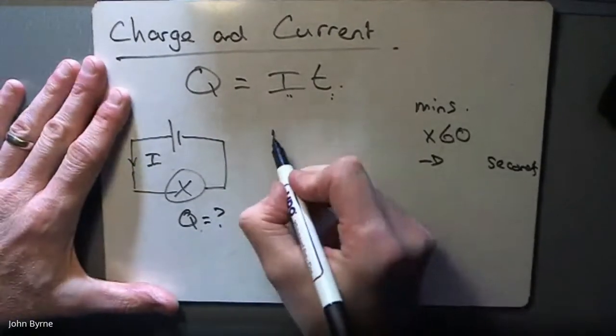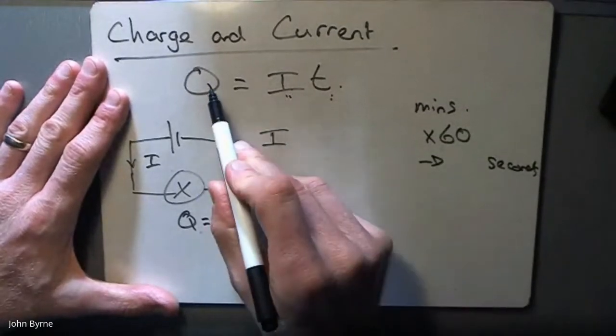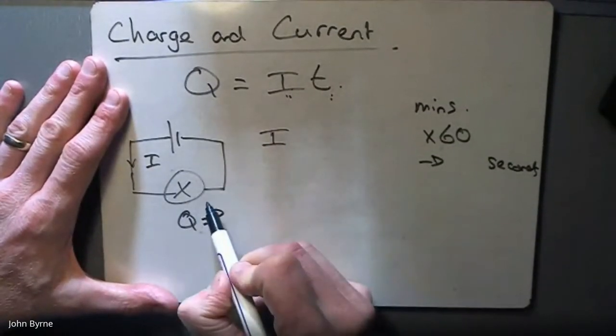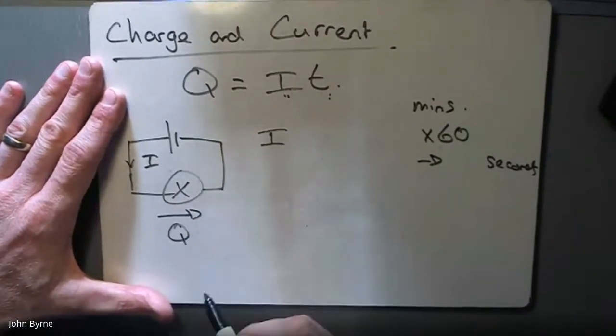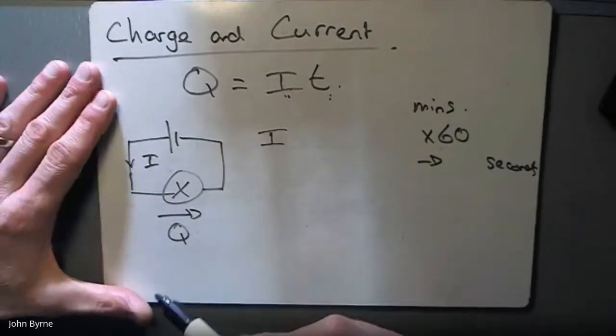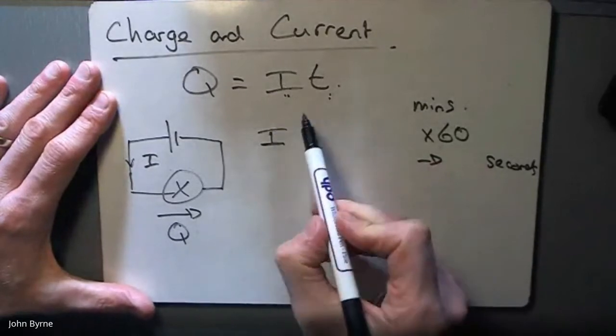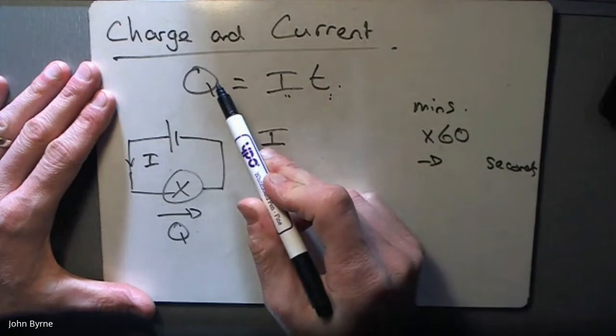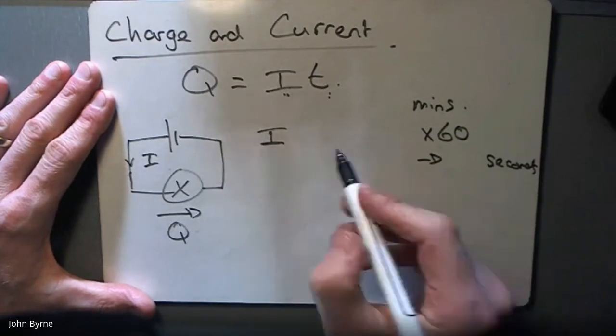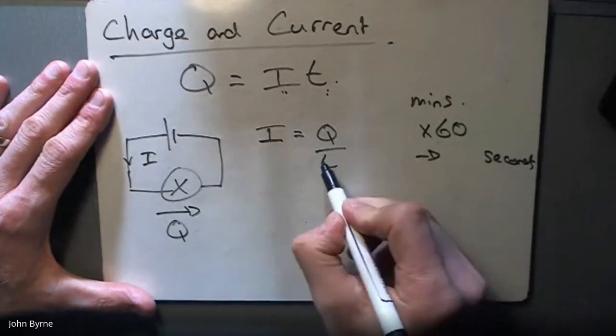We can rearrange that formula if we want to work out the current. If we're told how much charge flows past a point in a given amount of time, and of course those charge carriers are going to be electrons in a wire, then to work out the current we divide both sides by t. It cancels on this side and is divided over here, so that becomes Q over t.